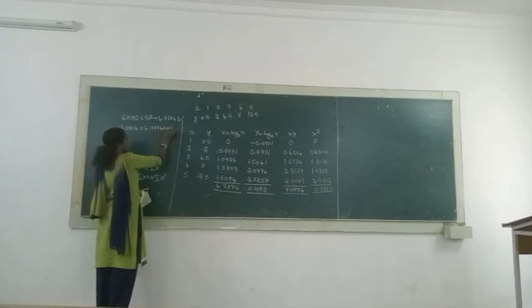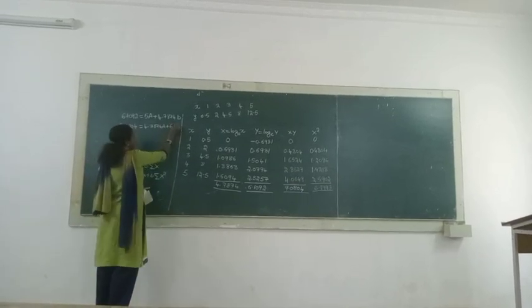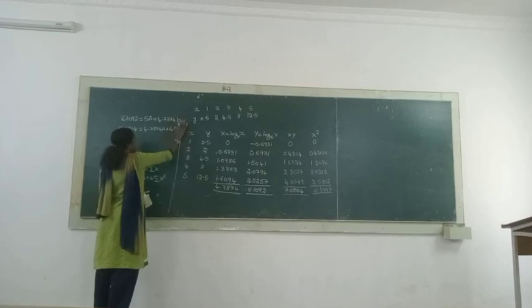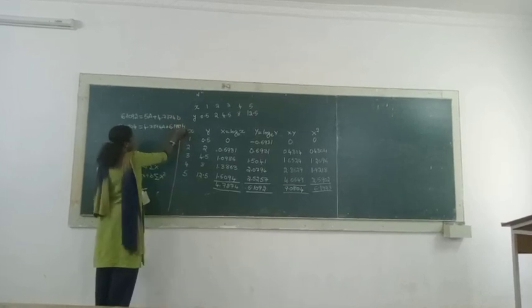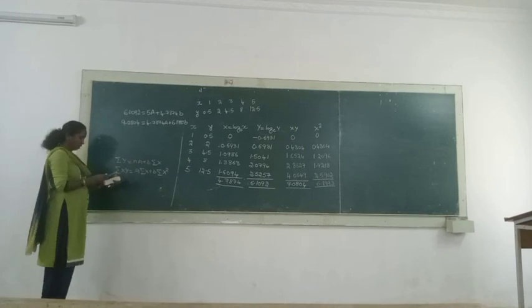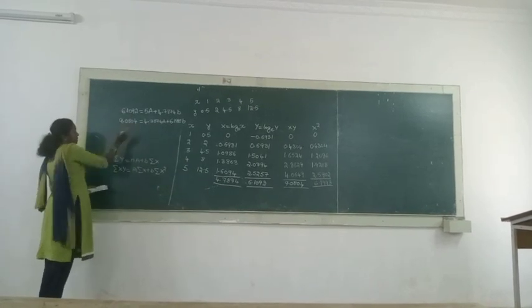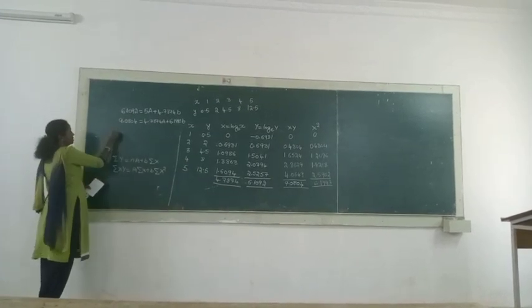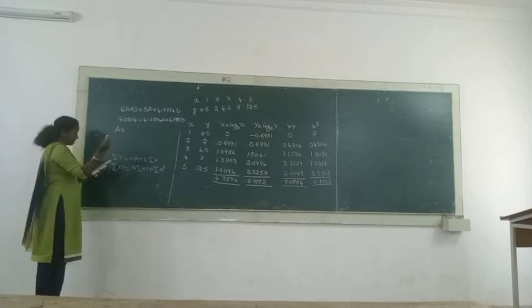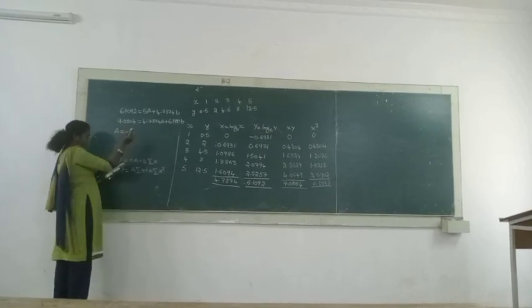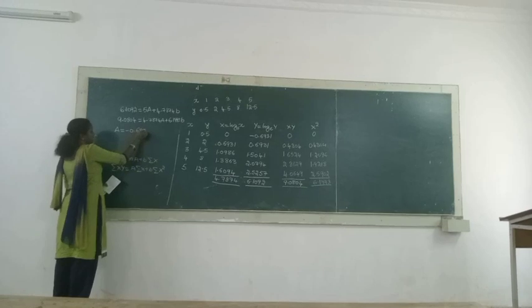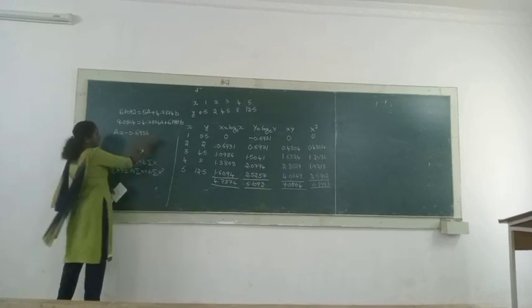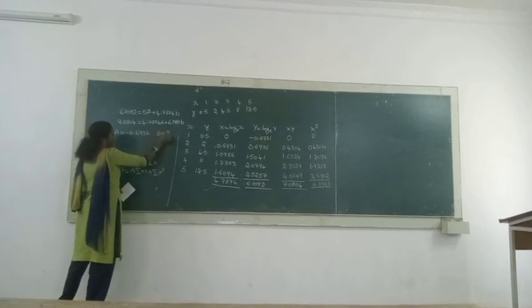Summation X square is 6.1993 into b. These are the normal equations. Now if we solve these two normal equations, we get the value of A as minus 0.6931 and b value is equal to 2.